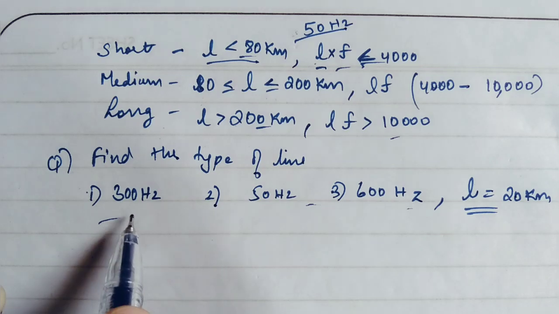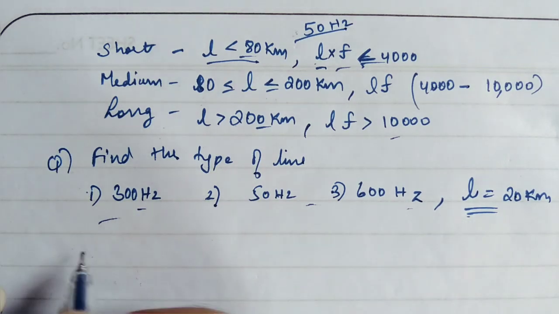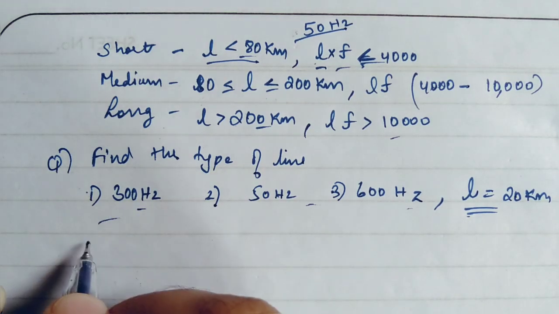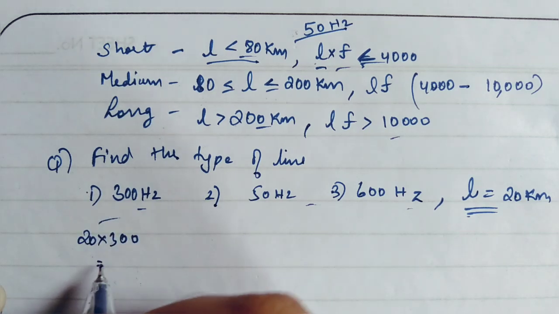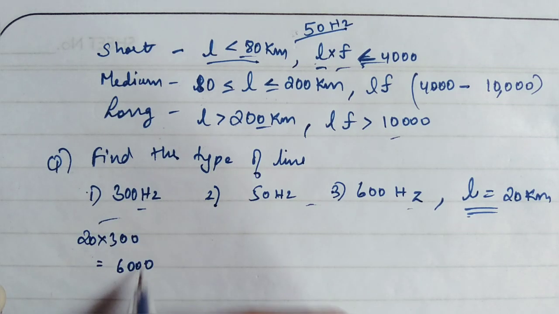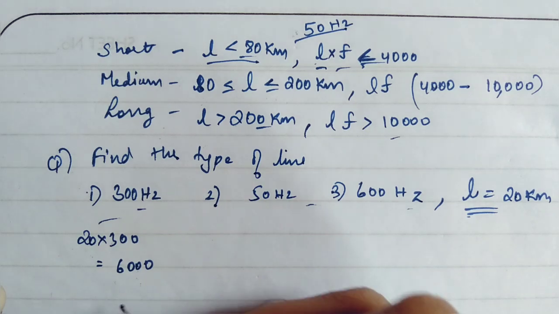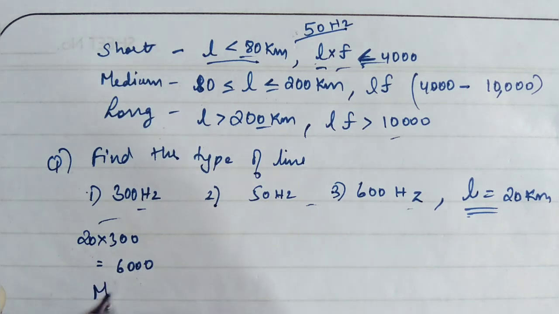So we need to find, since frequency and L is given, we need to find LF. So here the LF is 20 into 300, which is equal to 6000. This is between 4000 and 10,000, so this is medium transmission line.